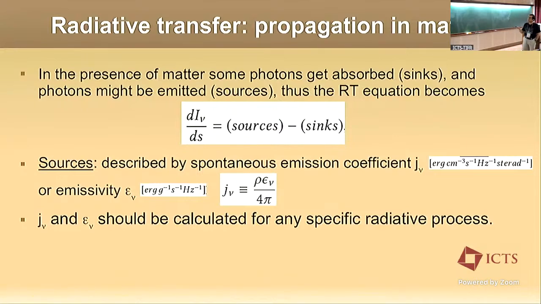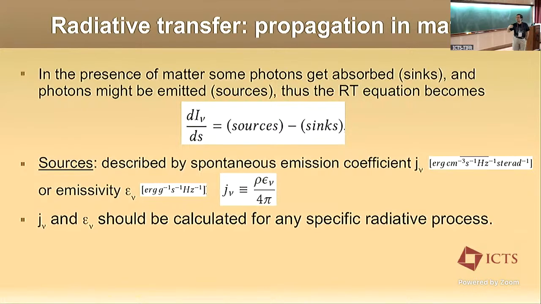In fact, dI/ds we call it, because you can divide by c and take it as a path length rather than time. So this could be written to be equal to, in a quasi-equation for the moment, something we call sources, some additional sources of radiation that may emit more radiation as it passes through, and some sinks where the radiation gets absorbed.